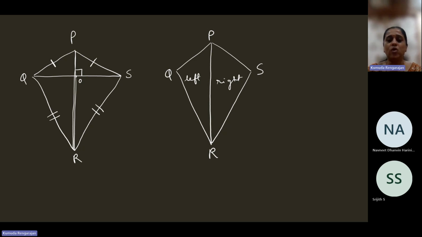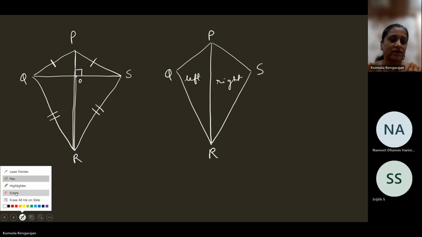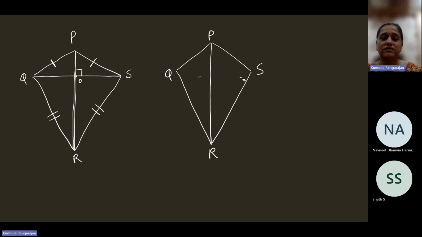Like that here, when you fold this kite along PR, the triangle on the right side will superimpose the triangle on the left side. It will exactly coincide. That means these two triangles are identical triangles.